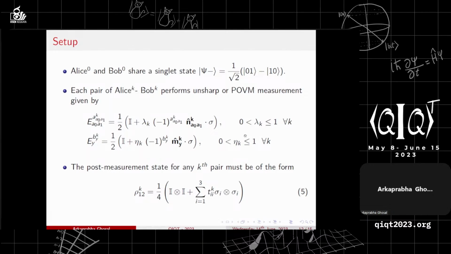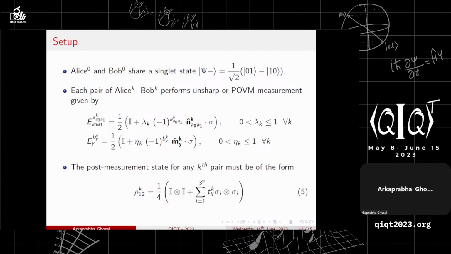Okay, and these are the restrictions, that this set of sharpness parameters must be in this range. This set of POVM measurements has to be chosen in such a way that for every Kth pair, the shared state will be of this form.